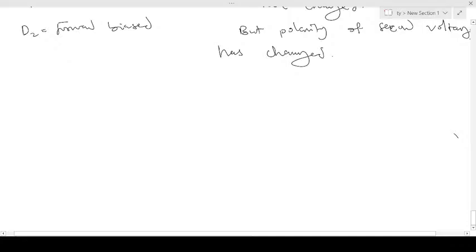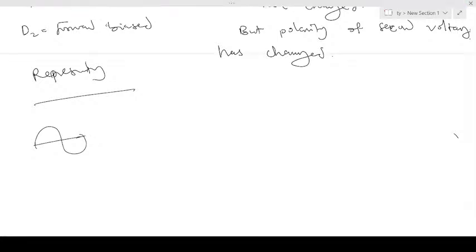Now this can be represented in a waveform such as this, so the waveform of the negative half cycle is where the shaded part is the one below there.